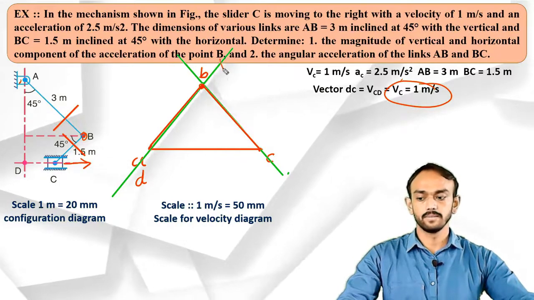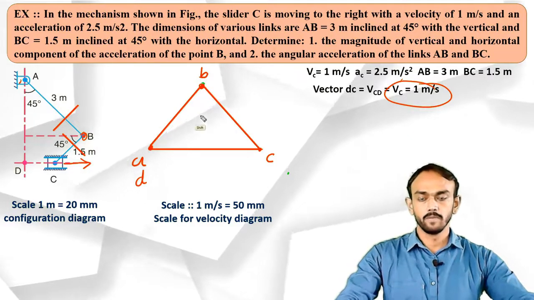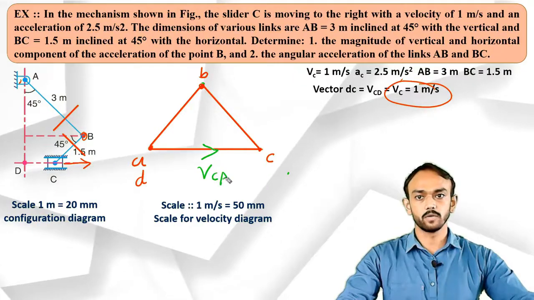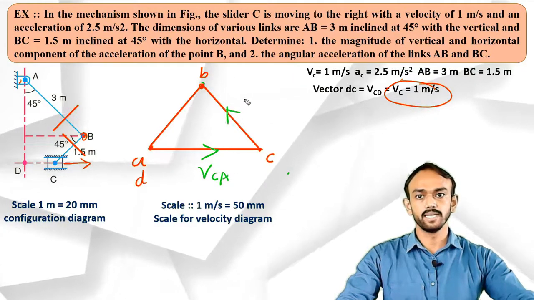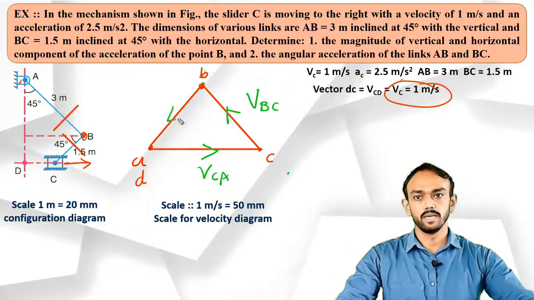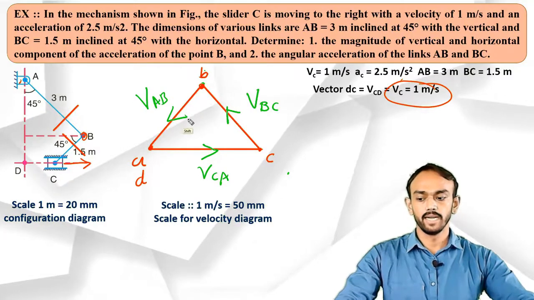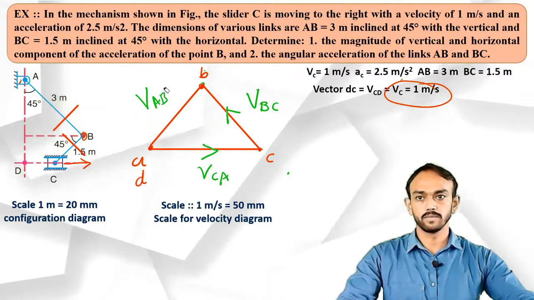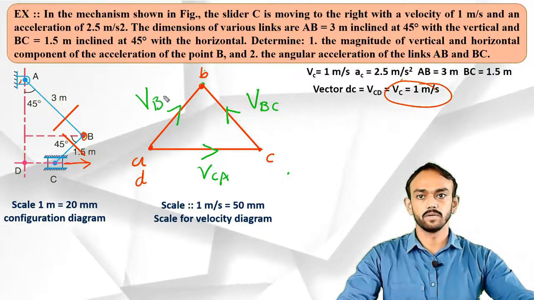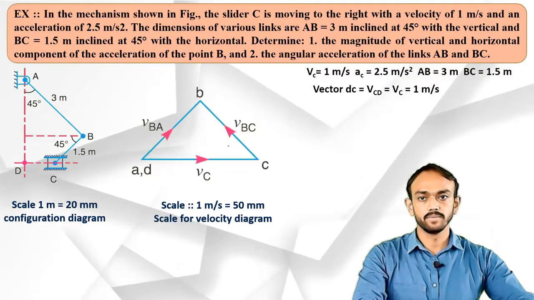Let's erase the extra. Okay, this is the velocity diagram. If you draw here like this, it is the velocity of C with respect to A. This is the velocity of B with respect to C. This is the velocity of A with respect to B, and in this direction it will be the velocity of B with respect to A. Let's check the velocity diagram here.